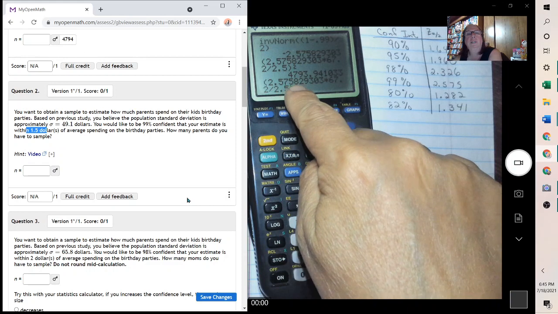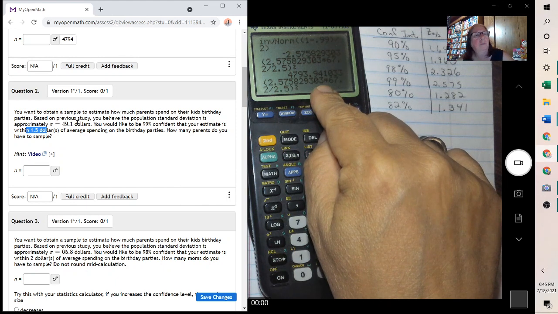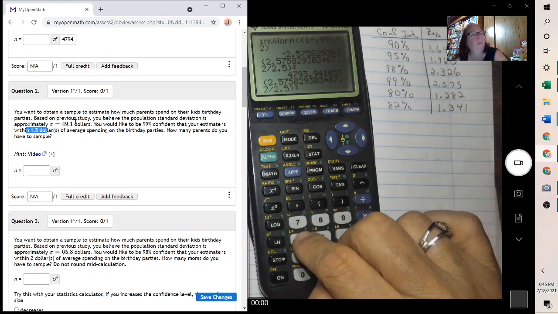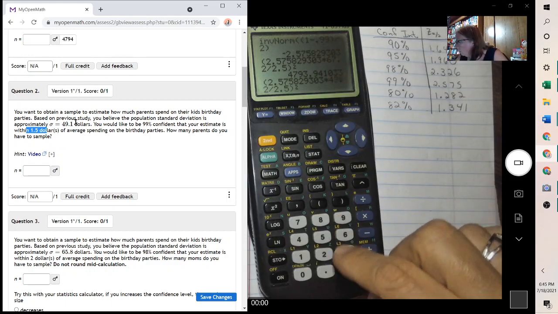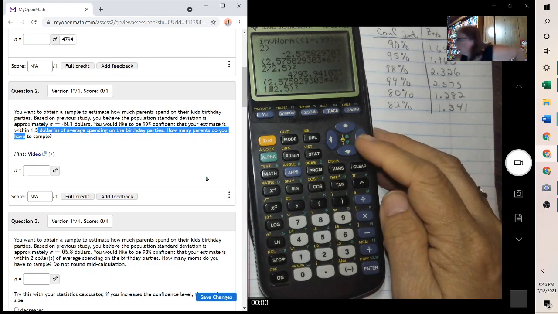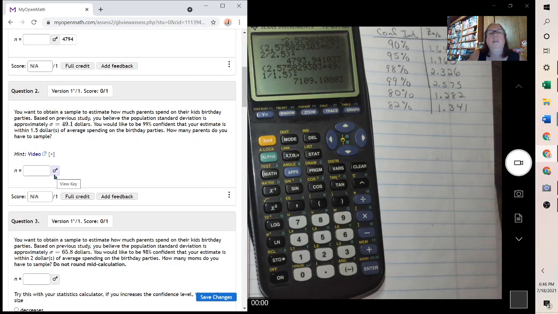So we want this whole decimal because that's the 99% confidence interval. The standard deviation now is 49.1. So you could go up and change this to 49.1, because that's what they have right here. And then the 2.5 we change to a 1.5. That way I don't have to type this whole decimal in again. I just need to change that to a 1 and hit enter. Remember, we're going to round up, so it'll be 7110.